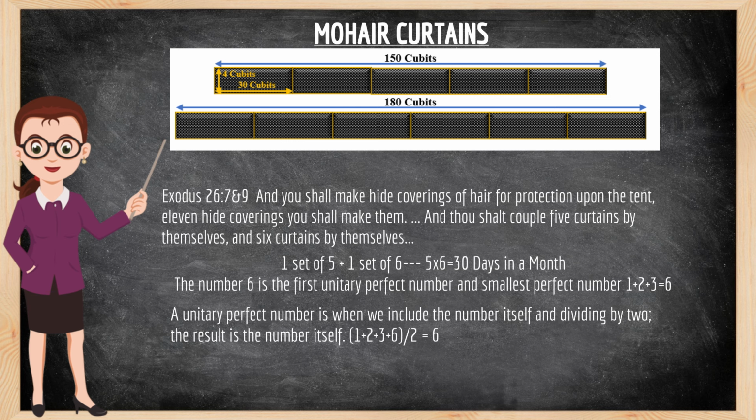Perfect numbers are rare. The ancient Greeks recognized only 4 perfect numbers: 6, 28, 496, and 8,128.